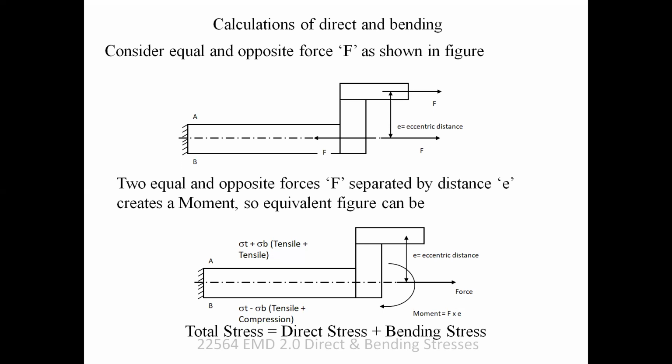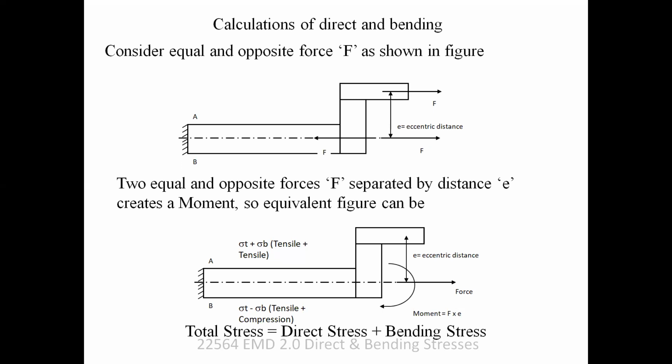Whenever there is eccentricity, now you can see there is no force shown, but that force is converted into a moment, and the one remaining force which is left is the axial force. Here the axial force creates tension, and the moment, which is because of the force and eccentric distance, creates bending. That's why it is called direct plus bending.